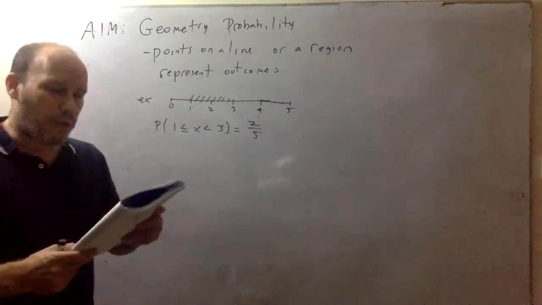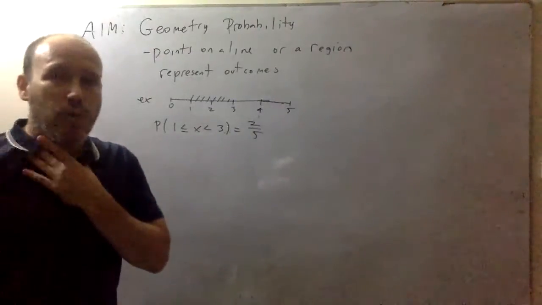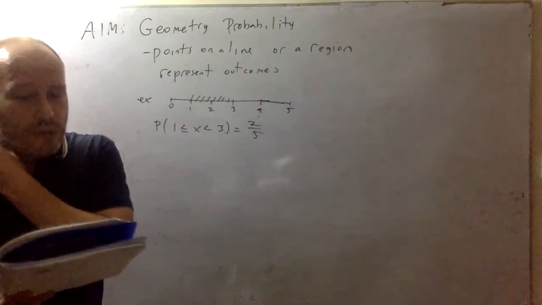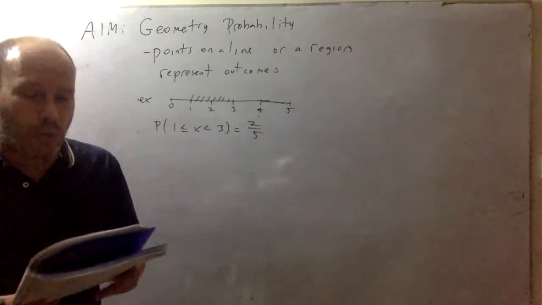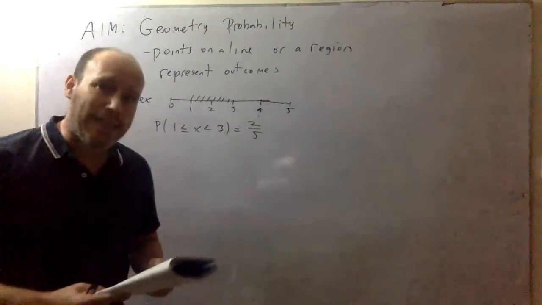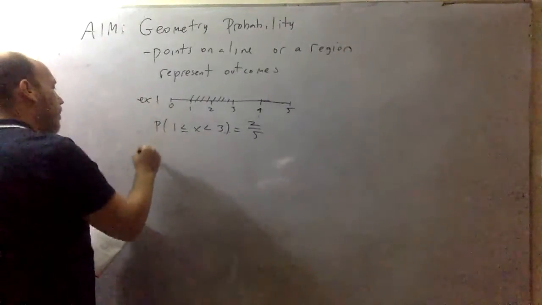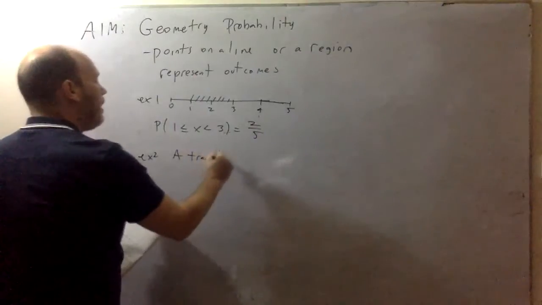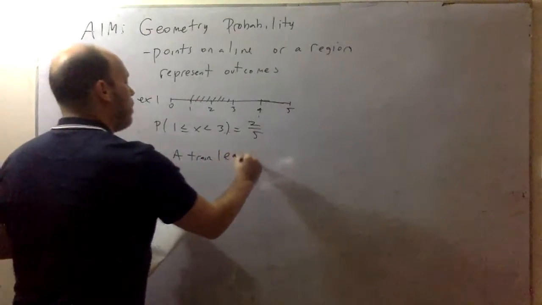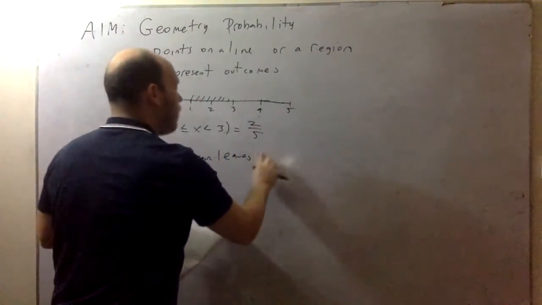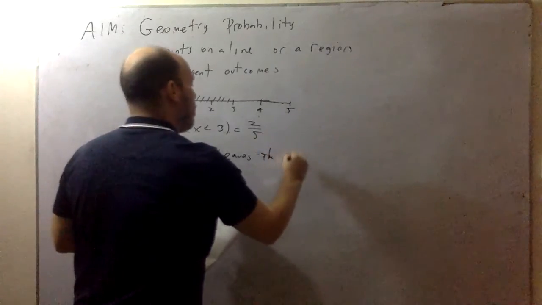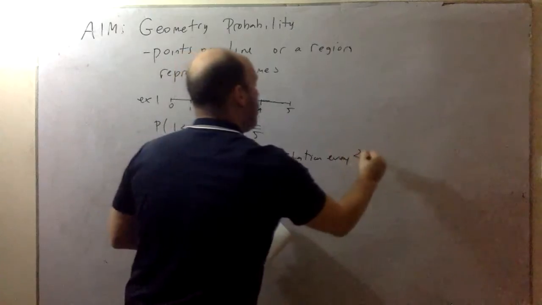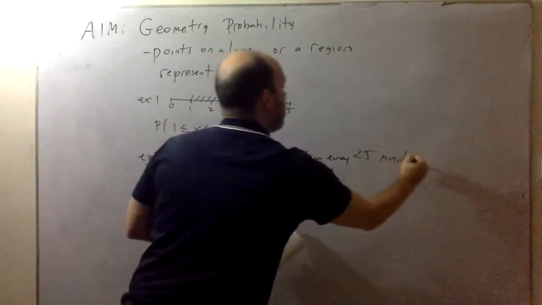So an interesting question. Let's say that the train runs every 25 minutes. If a commuter arrives at the station, what is the probability they will wait at least 10 minutes? So this is example 2. A train leaves the station every 25 minutes.